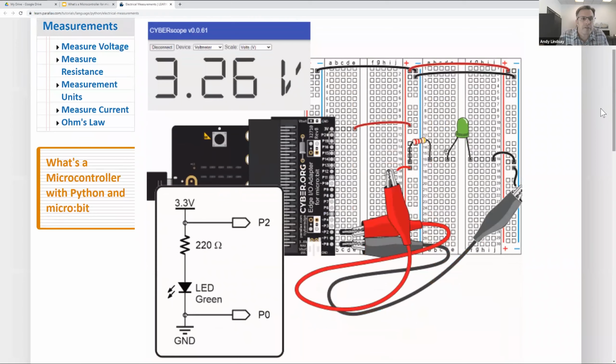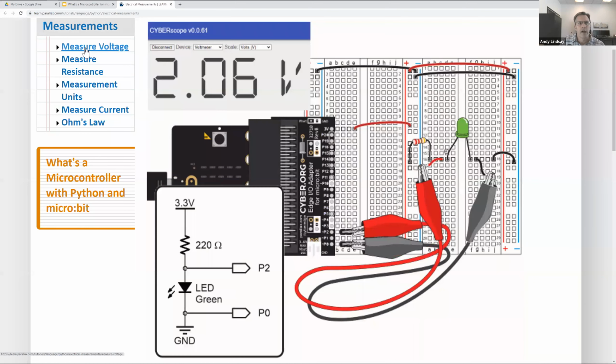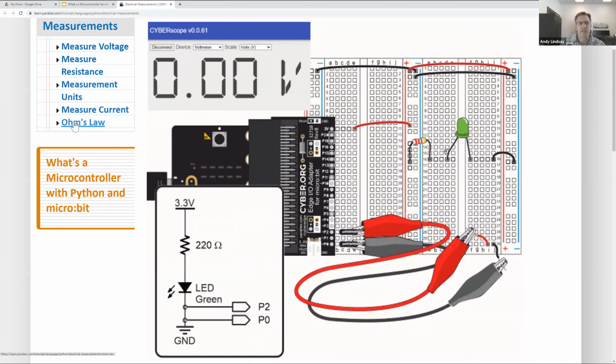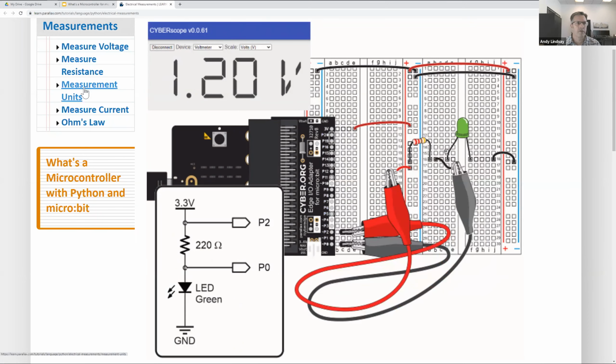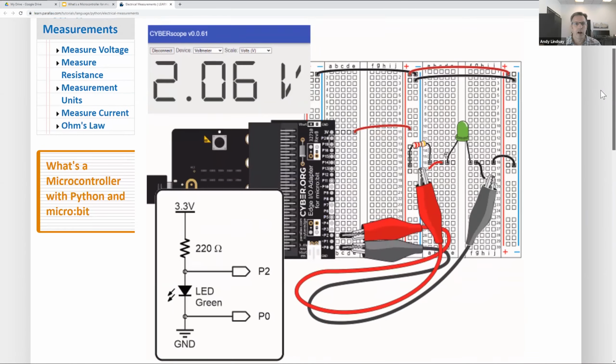And when electrons pass through a circuit, we call that current. And then there's also the thing that resists the flow of current, which is called the resistor. And so in this chapter, in addition to measuring voltage, resistance, and current, we also talk about measurement units and Ohm's law. And actually in measuring voltage, we talk about a law called Kirchhoff's law. And in current measurement, we talk about the current form of that, a law named after the same guy.